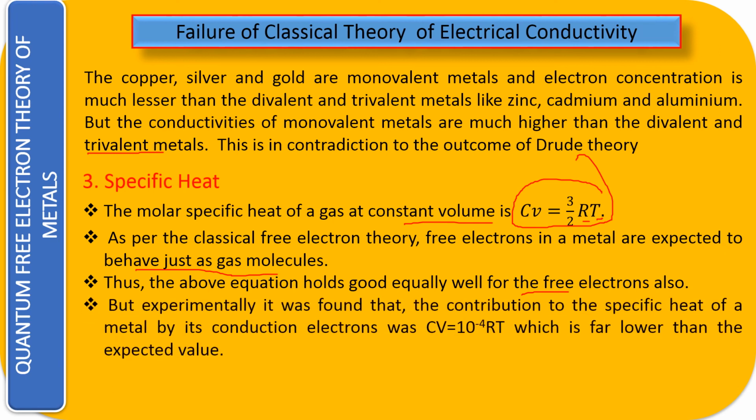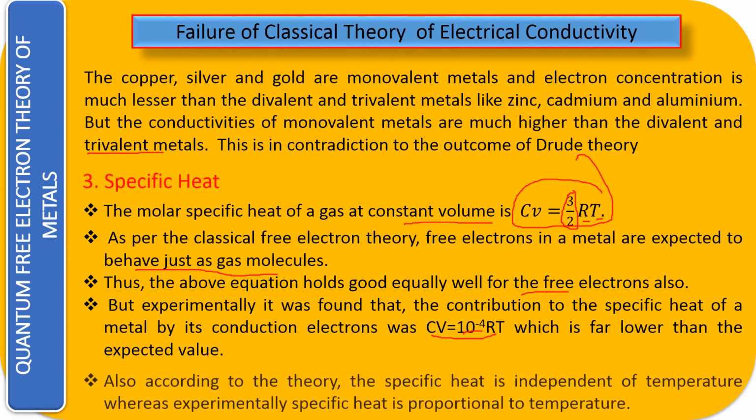But what is the reality? Experimentally, it was found that the contribution to the specific heat of a metal by its conduction electrons was just Cv equal to 10 power minus 4 RT. Now you see, the expected value is 3/2 RT, that is 1.5 RT, and here it is 10 power minus 4 RT, which is far lower than expected.